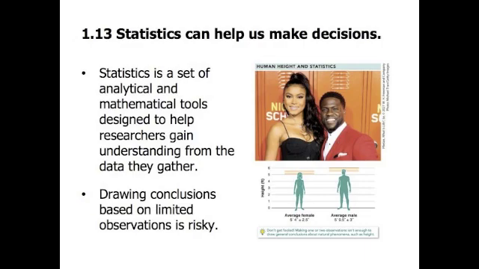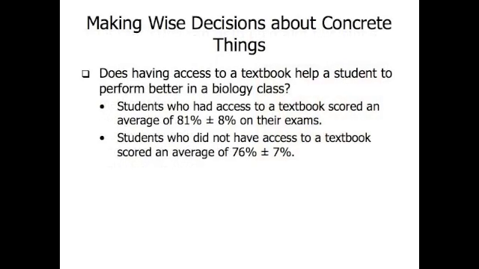Moving on, using data to describe the characteristics of individuals participating in a study is useful, but often we want to know whether data support or do not support a hypothesis. For example, suppose we want to know whether reading the textbook helps a student perform better in a biology class. Statistics can help us answer this question.